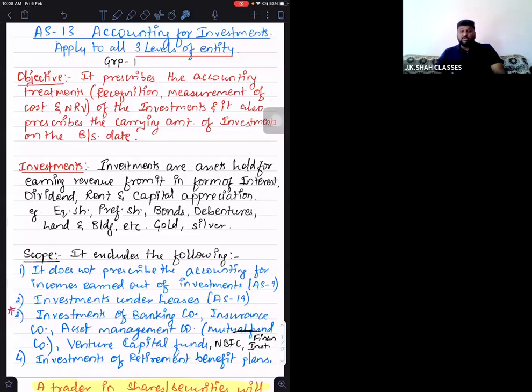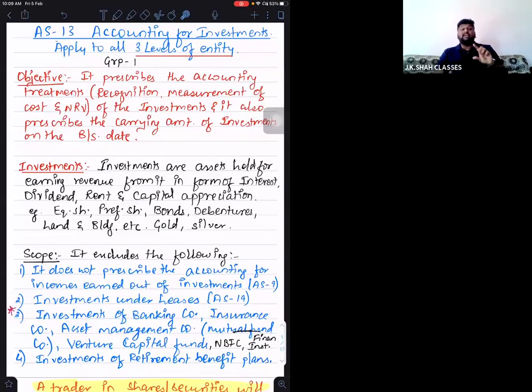So what is the first exclusion? They say that revenues earned on investments, AS 13 is not applicable because it is covered by AS 9. Investments made under leases. So when you are buying some asset and then you're planning to lease it, it will be covered by AS 19. Investments of banking companies, insurance companies, NBFCs, financial institutions, asset management companies, venture capital funds, on them AS 13 is not applicable because they will follow the respective acts.